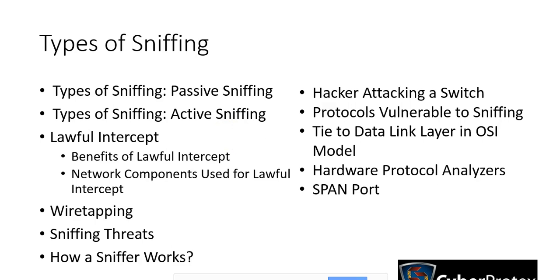Active sniffing usually involves launching ARP spoofing or some sort of traffic flood attack against the switch in order to capture or force specific responses. So it tries to give information based off of elicitation of specific data that's going across the network.